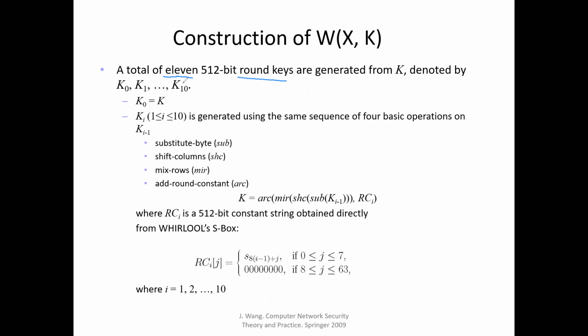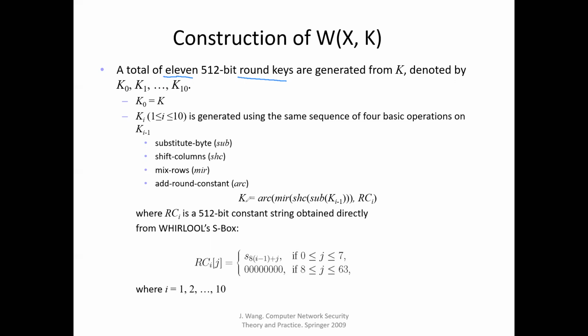We call them K0 up to K10, and the first, K0, is K, and then you need to generate K1 up to K10 using the same sequence of 4 operations: substitute bytes, shift columns, mix rows, add round keys.